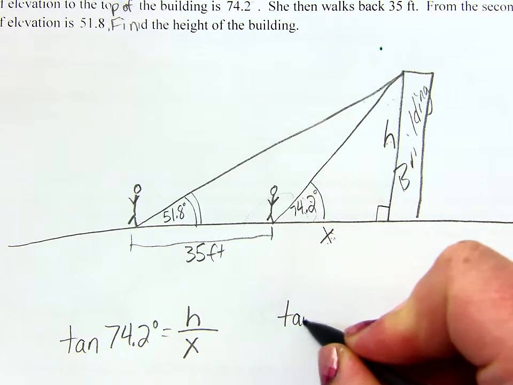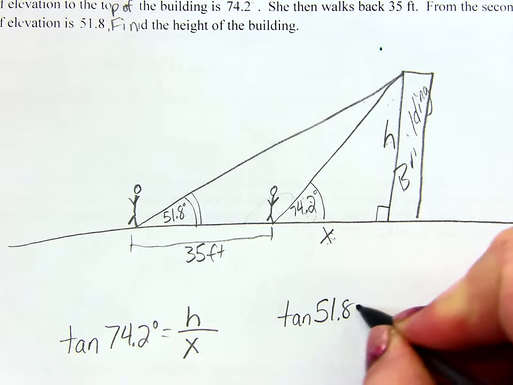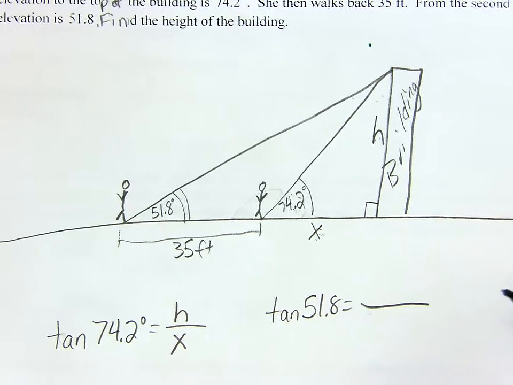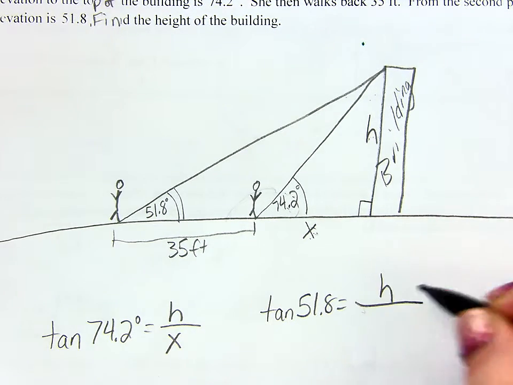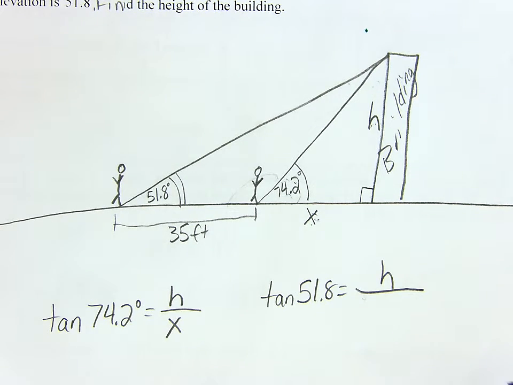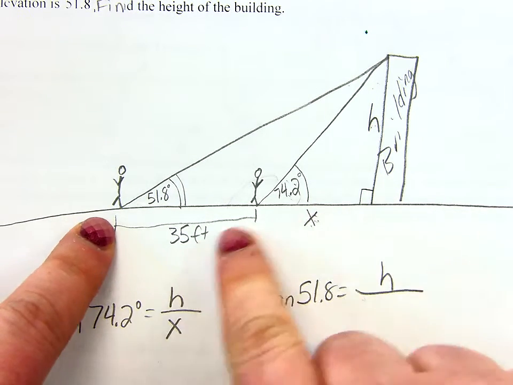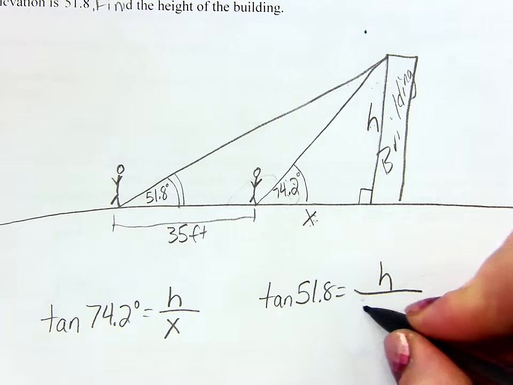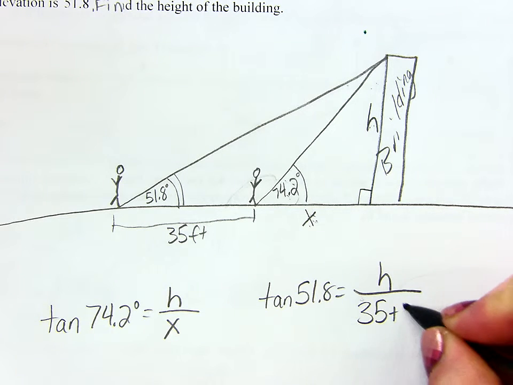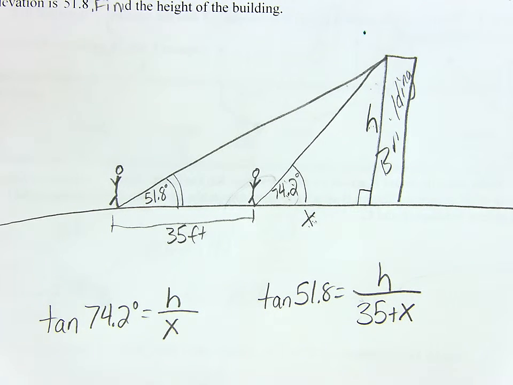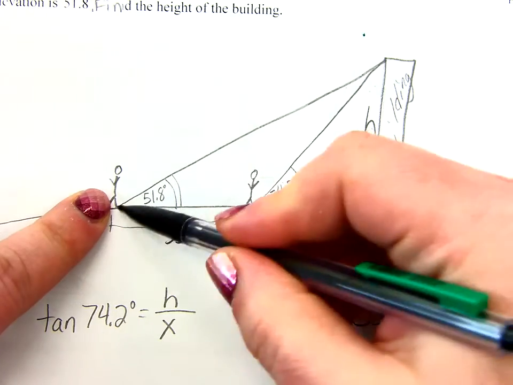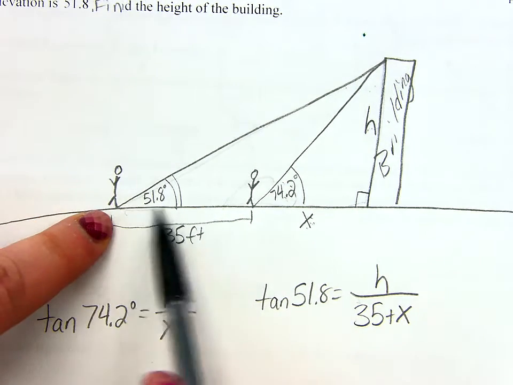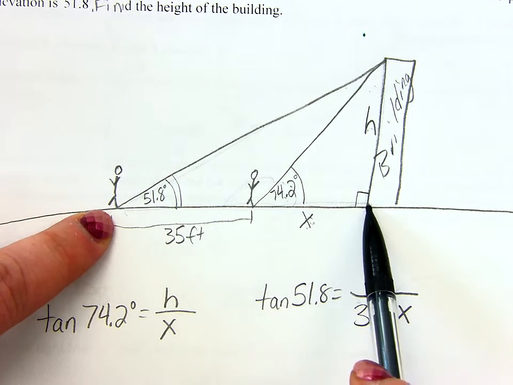Tangent of 51.8 equals h over 35 plus x. Yes, this whole side would be 35 plus x. Wait, but that's not a right triangle. This triangle you're looking at. Oh. So that's why this whole side would be 35 plus x.